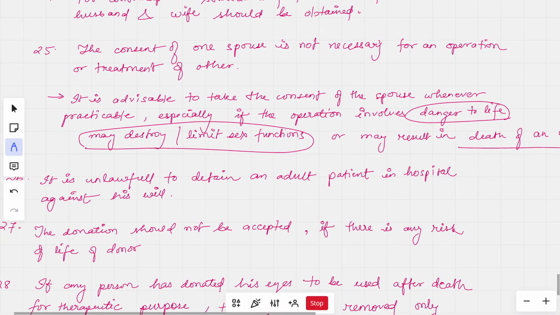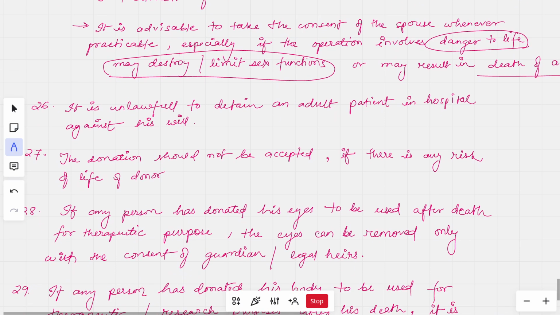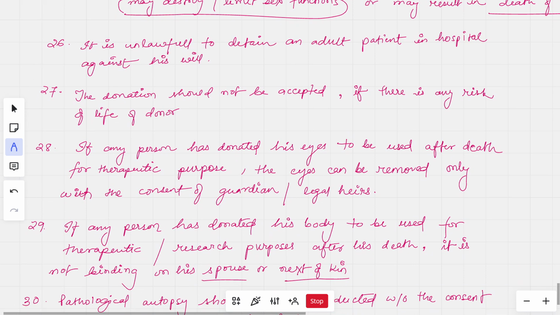Otherwise, it is not necessary. Point number 26 says it is unlawful to detain an adult patient in hospital against his will. For example, if a person wants to leave the hospital against medical advice, then it should be done. The patient should not be detained in the hospital against their will.